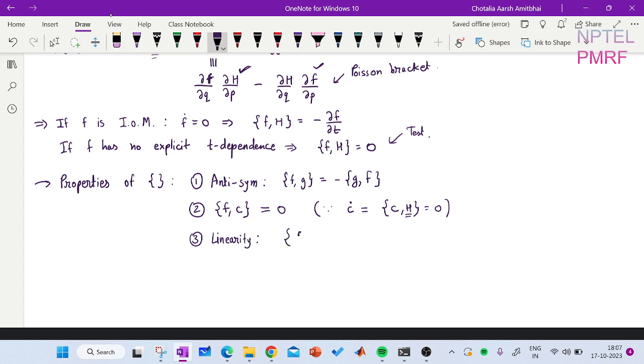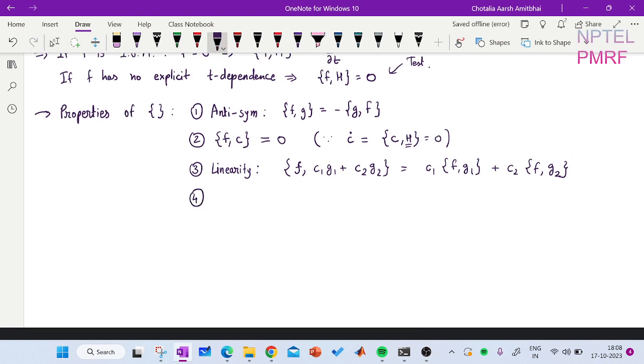If you have f, and the second function is a superposition of two functions, a linear combination, then the result is just c1 times the bracket of f with g1 plus c2 times the bracket of f with g2.